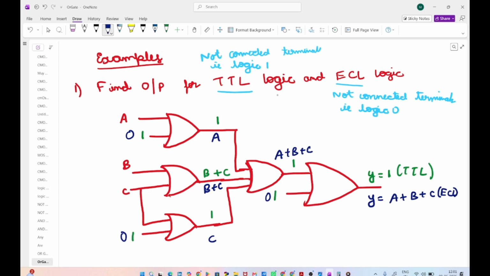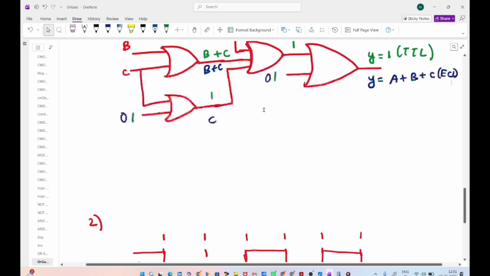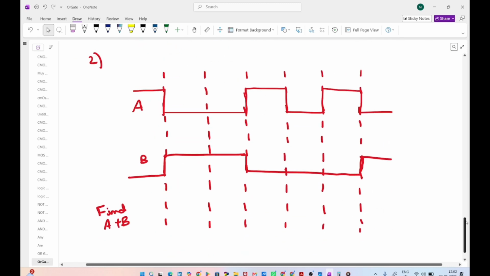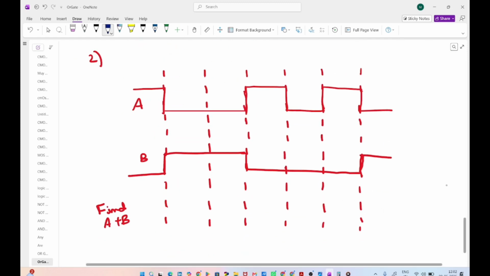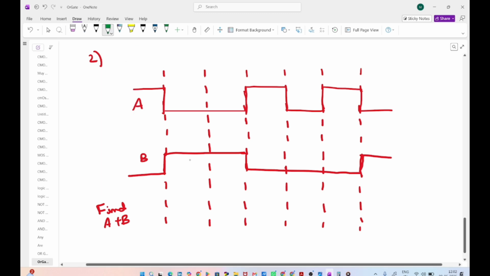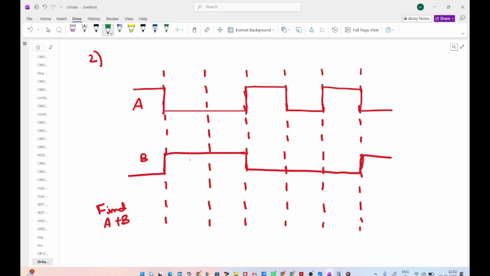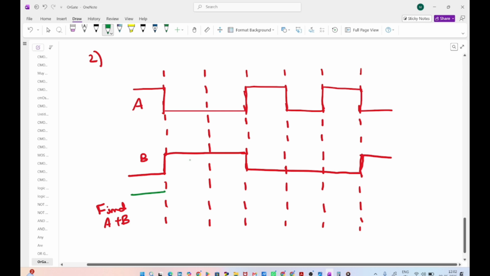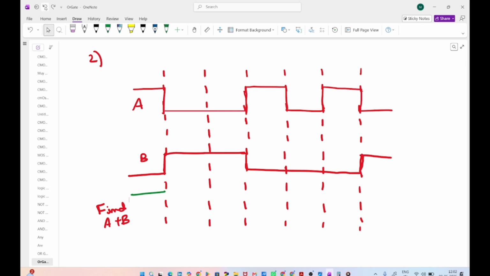Let us next solve the waveform. Here the question is to find A plus B. In this case, the A input is 1 and the B input is 0, the output is 1. In the next case, A input is 0, B input is 1, the output is 1.